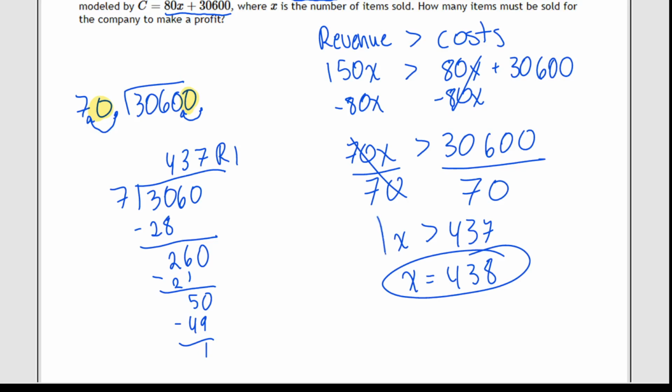So if you were to express it as an inequality, you would say x has to be bigger than 437, potentially with the exact amount, 437 and 1/7, or you could do a decimal approximation. Most likely in a real world scenario, you would do the rounding and say it needs to be a whole number bigger than 437, or at least 438.